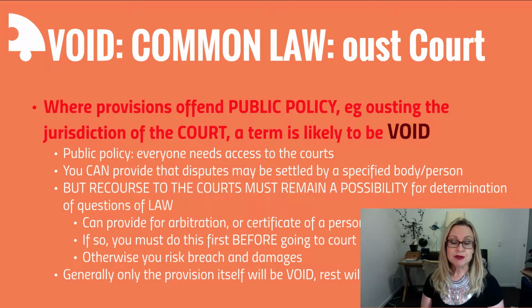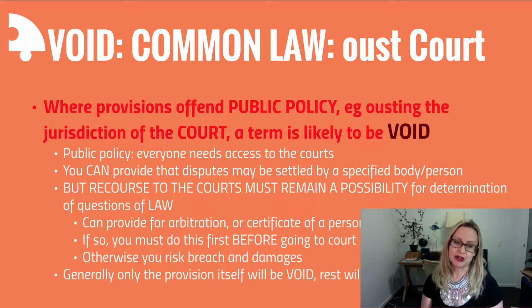So you can provide that disputes can be settled in this more effective fashion if you wish. For example, disputes might be expressed to be settled by a specified body or a specified person, but as long as you've got recourse to the courts open eventually in the matter of a dispute, then you should be okay.